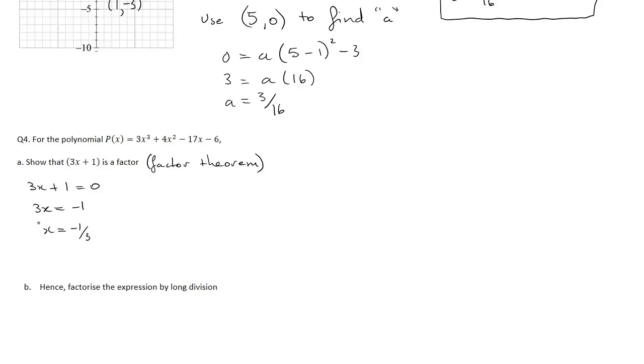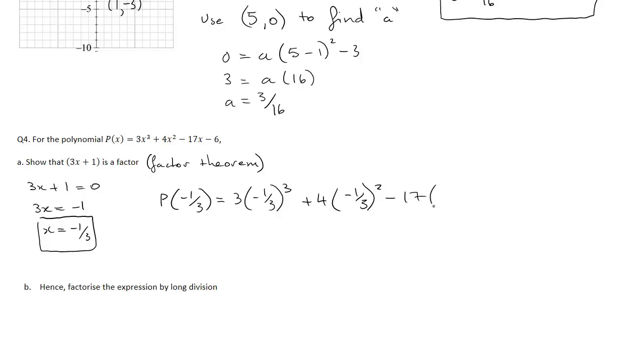Now, with this, you're actually replacing p of x up here with -1/3. And you're writing 3 times -1/3 to the power 3, plus 2 times -1/3 squared, minus 17 times -1/3, minus 6.